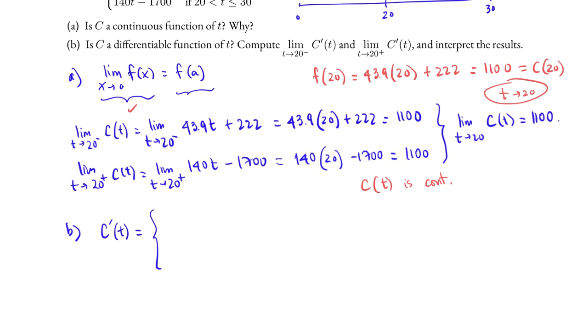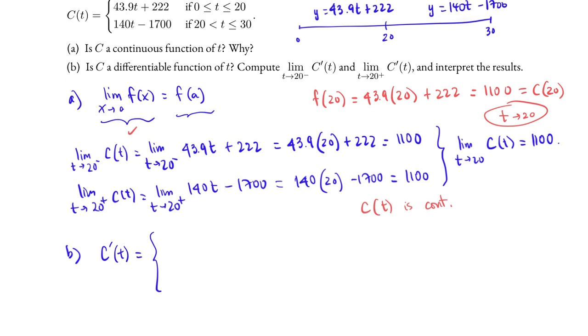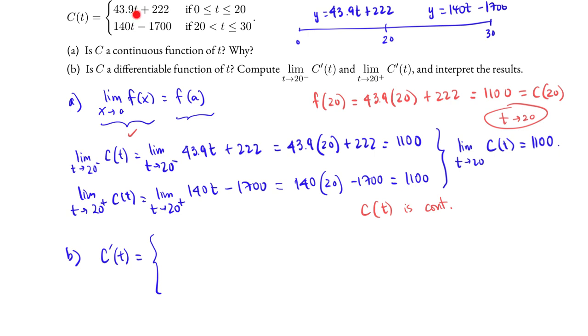This is piecewise linear. The first piece is 43.9t + 222, which is a linear function, and the derivative of a linear function is the slope. So on the left-hand side of 20, the slope of the tangent line, which is the derivative, is 43.9. This is for t between 0 and 20.